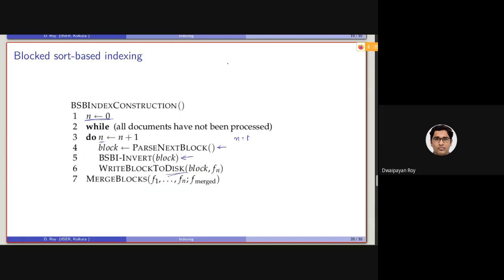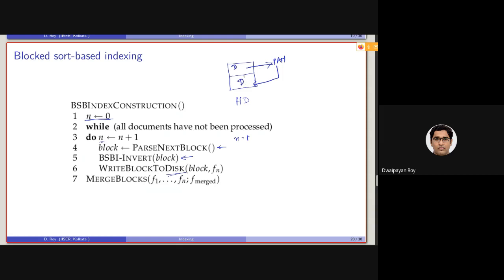So from the hard disk, we will be reading the raw data, say D. We will be reading it into RAM and doing this, and the sorted list will be written back into the hard disk as, say, D prime.